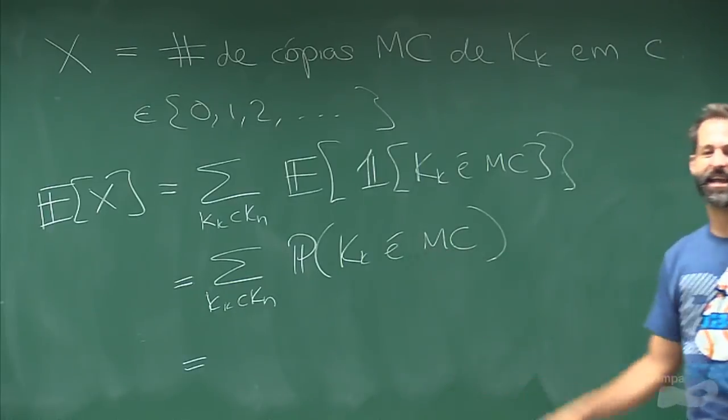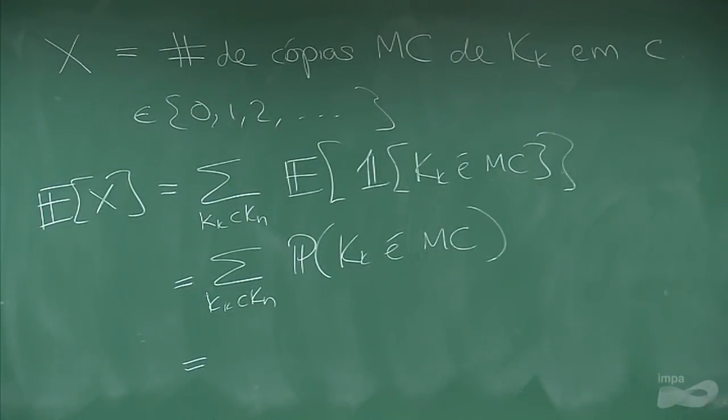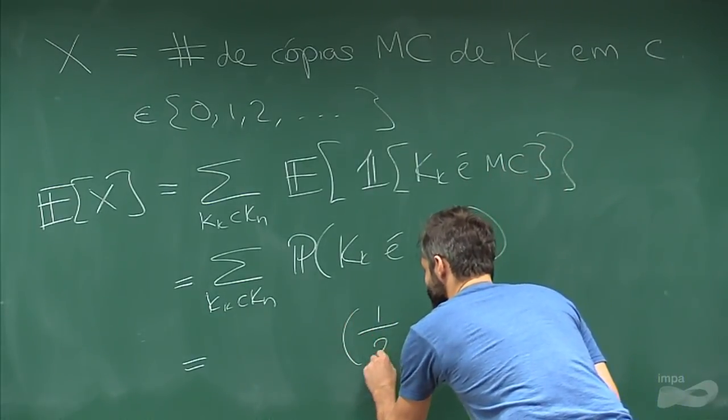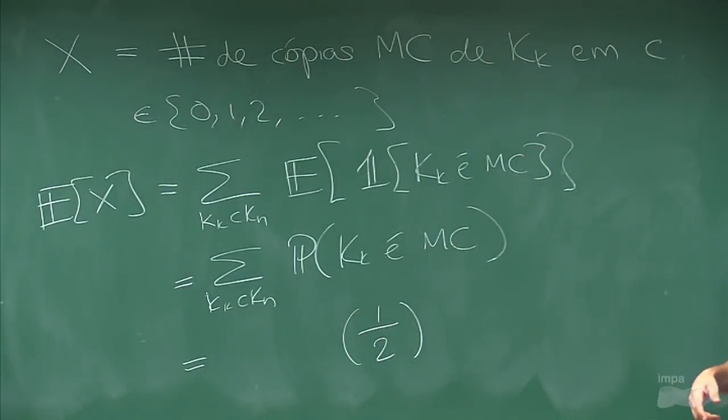What's the probability that K_k is monochromatic in this random coloring? Each edge picks a color independently at random, probability of half. So it's definitely a half. Half is the probability of the edge being a certain color.